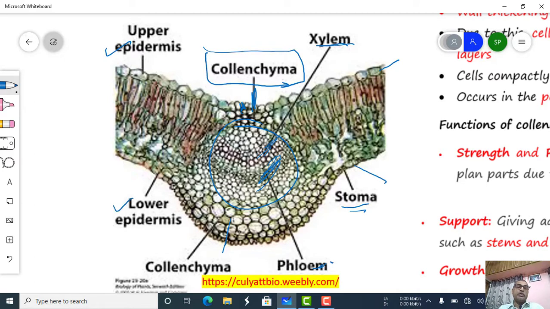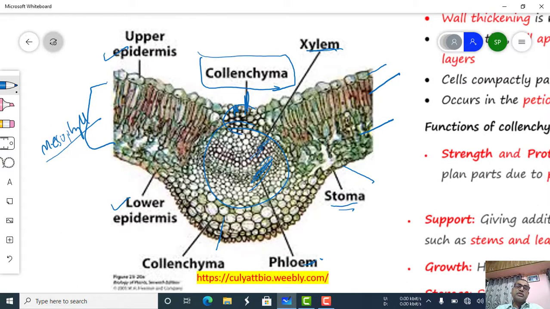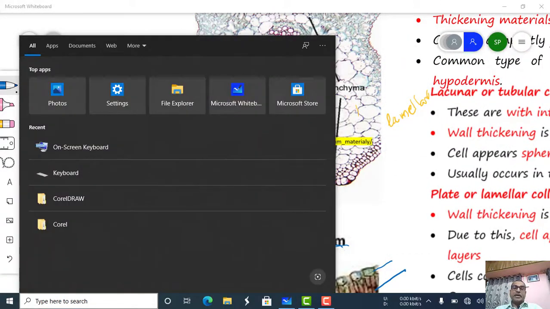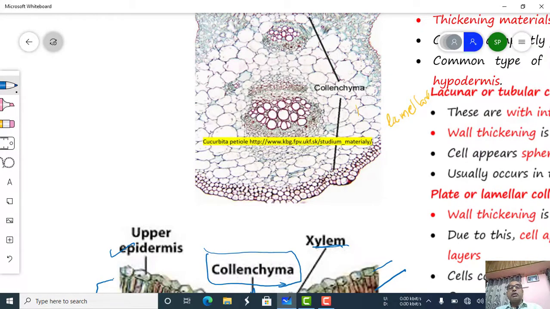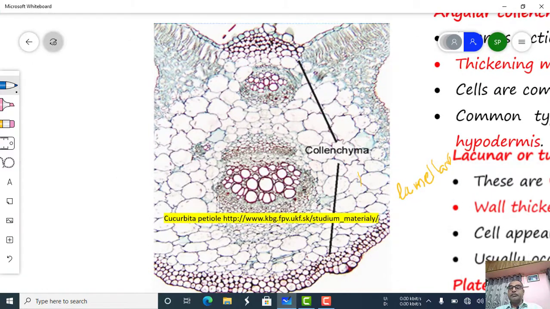This is the upper epidermis, the lower epidermis, and in between both epidermis, mesophyll cells are present. Mesophyll consists of palisade parenchyma and spongy parenchyma, which are abundant with chloroplasts performing photosynthesis. Here the collenchyma cells are present in the leaves. Collenchyma performs a mechanical function. It gives rigidity and strength to the plant organ.